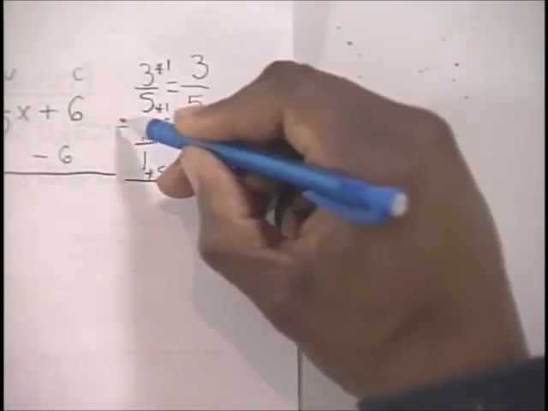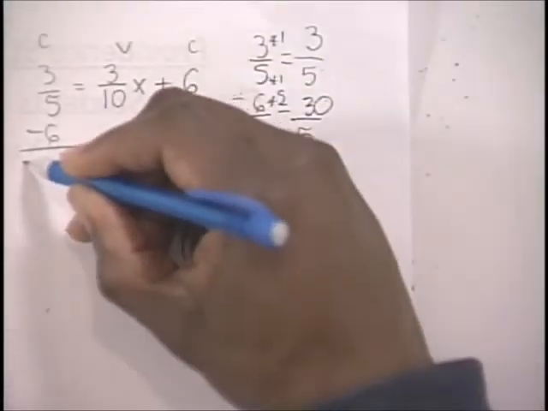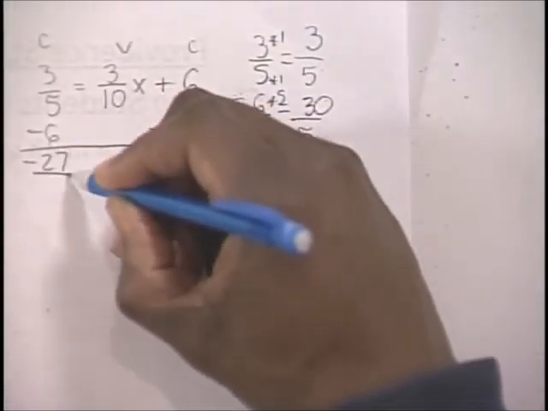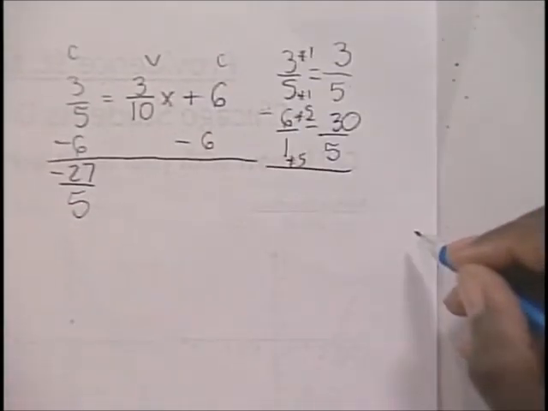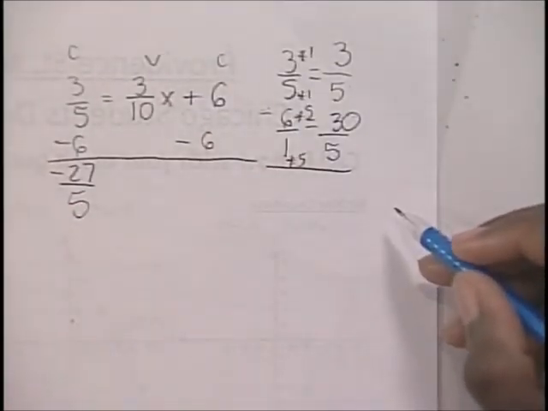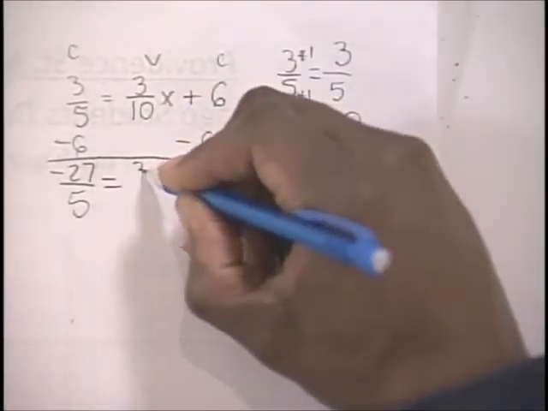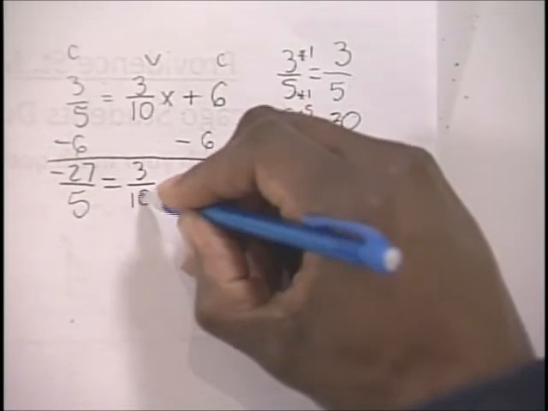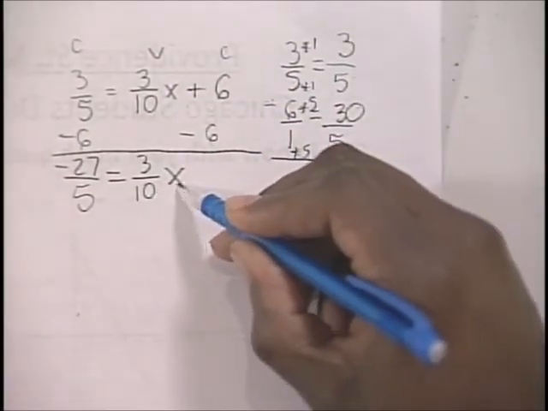So I get 3 minus 30, and I end up with negative 27 over 5. Okay? Negative 27 over 5 is equal to 3/10 x.